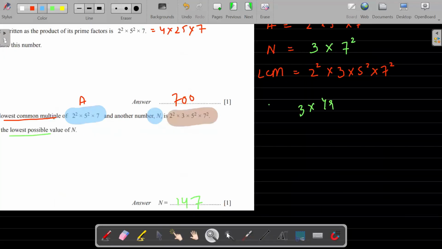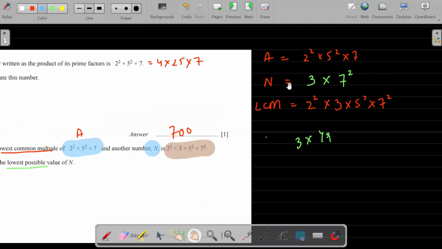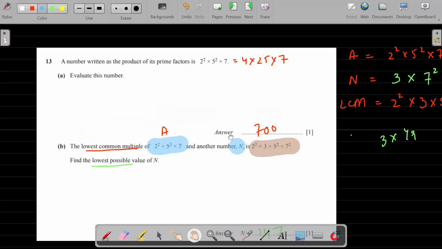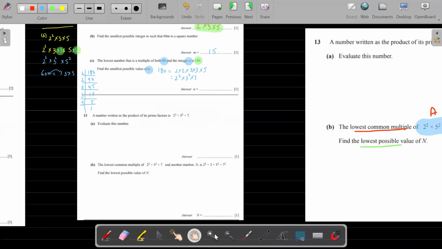I told you before, whenever the LCM was present and we were supposed to figure out the value of n, what did we do? Because this is the lowest possible value, we have to pick all numbers which are not present in this term but are present in the LCM. Same way, we are going to use the same procedure over here.